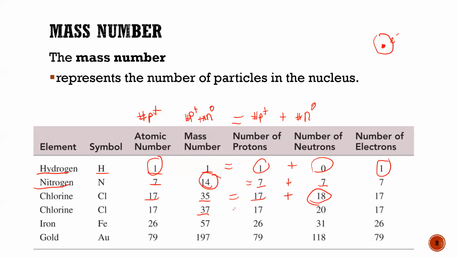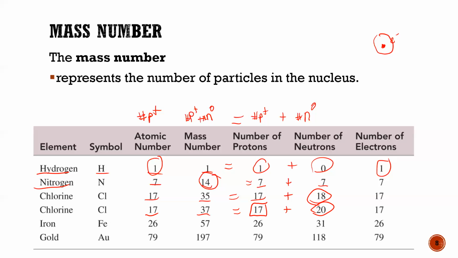To be chlorine, the identity of the element is the number of protons in the nucleus, and we've already established that that's your atomic number. So I know there's 17 protons. So why is the mass different? Well, the mass is also the number of neutrons. So 17 plus 20 neutrons adds up to a mass number of 37.